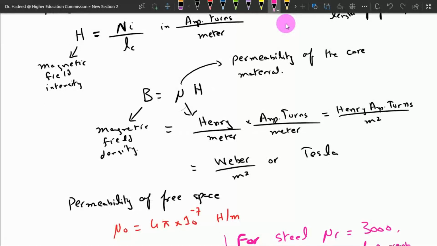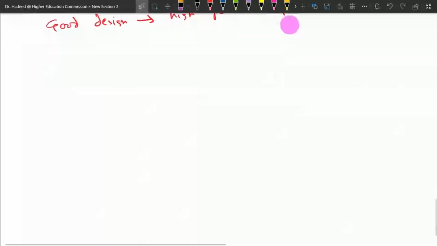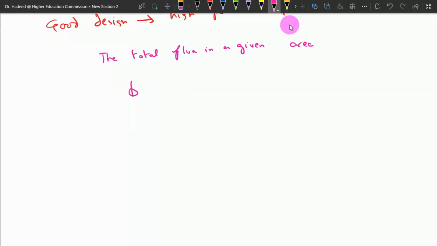If I substitute the value of H into B, I get N I over Lc into mu. To find the total flux in a given area, we have to integrate. So we can say that the total flux in a given area is the integral of B dot dA.